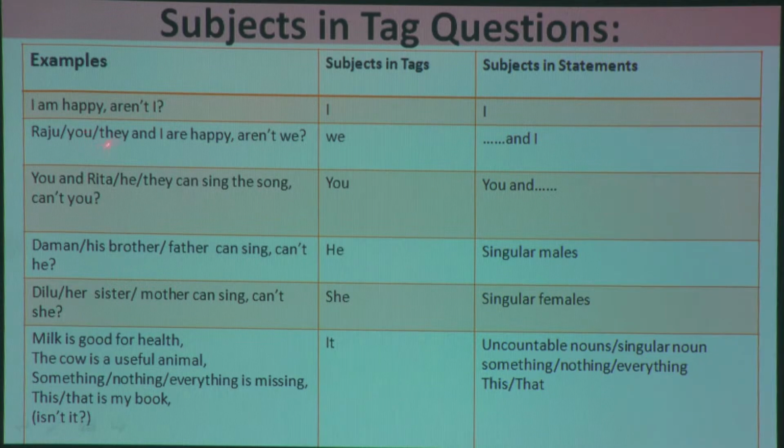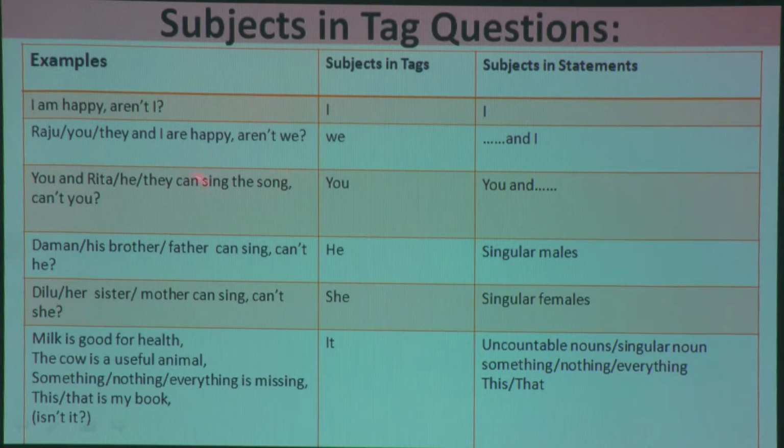So Raju, you, they plus I. Whenever there is I at the end, meaning I plus somebody else, then we should use we. So Raju and me, somebody and me, means we. Aren't we?